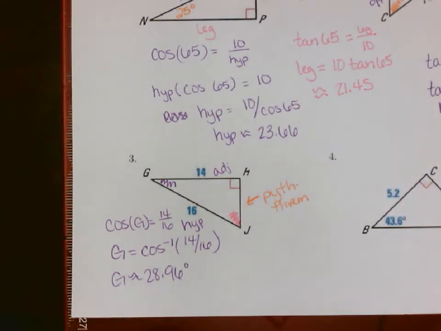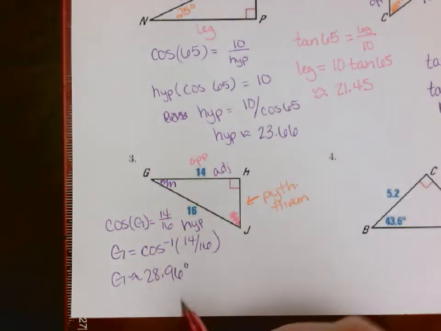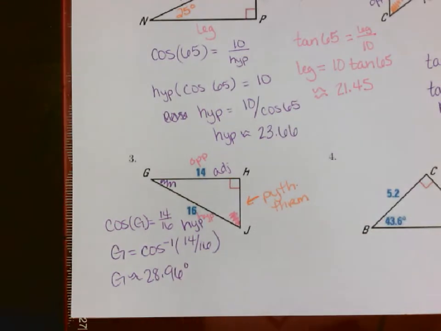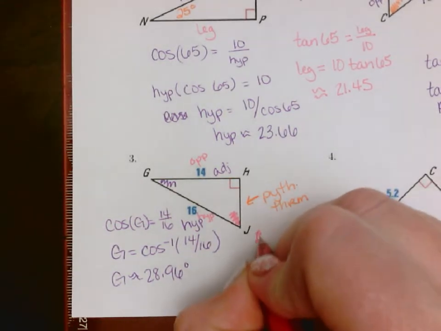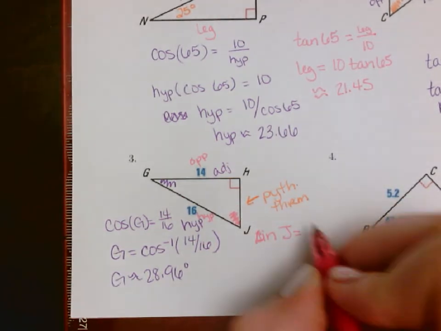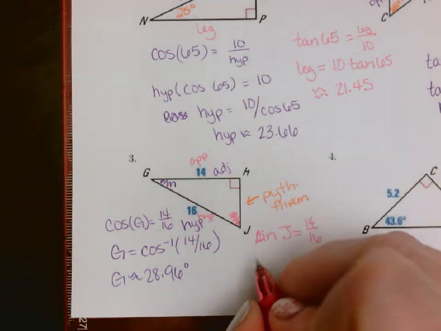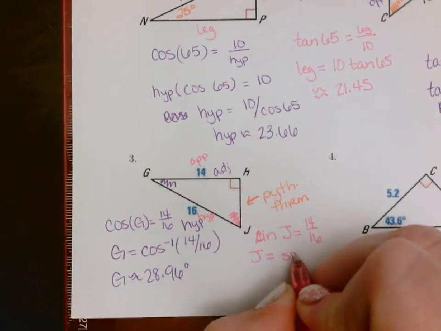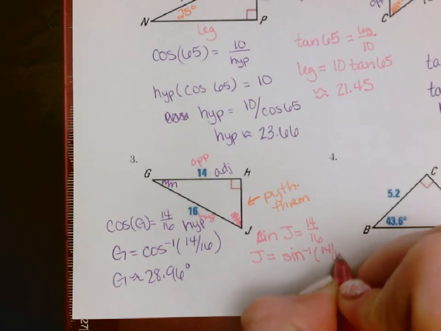If you wanted to do J, this would be opposite and hypotenuse. So this is still the hypotenuse. So it would be sine of J is equal to 14 over 16. So the inverse, so J is equal to sine inverse of 14 over 16.